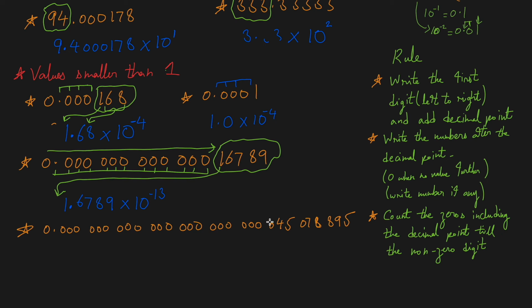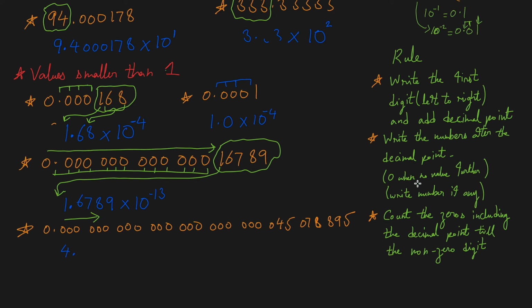So how do we write it down? Following the rules, going from left to right until we encounter the very first non-zero digit, and we have 4. Oh, sorry, as it is, we'll have 4, introduce the decimal point.